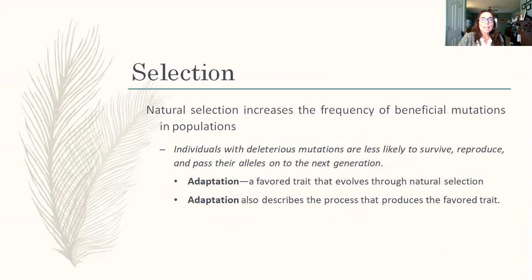So those can lead to changes in allele frequency because certain alleles will be eliminated from the population if they make the organism less fit for survival in a particular situation, and other alleles will increase in a population if those alleles are adaptations or favored traits.